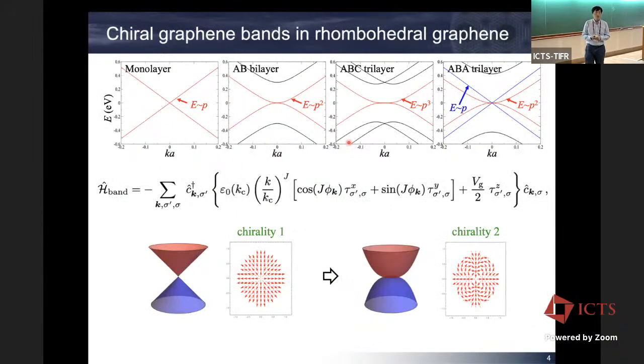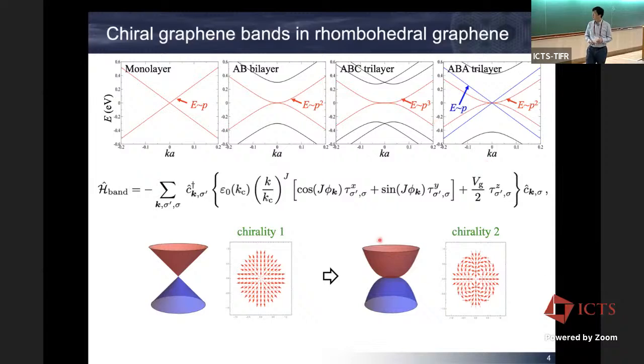A similar situation happens when we move on to 3 layers. So this is the band structure of trilayer graphene, but only when they're stacked in the ABC sequence. This is when they have a rhombohedral stacking. When they have the usual Bernal stacking, you would have a combination of parabolic and linearly dispersing bands. And the general feature we can expect is that it goes from p to p squared, p cubed.